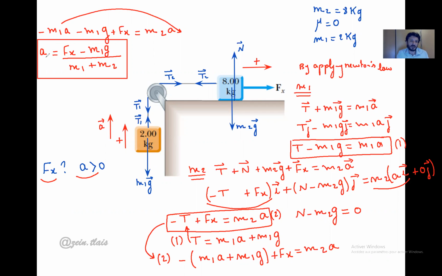In order to have a positive value of a, fx must be greater than m1g. Because if fx equals m1g, you will get a equal to 0. So to have a positive value of a, fx must be greater than m1g.